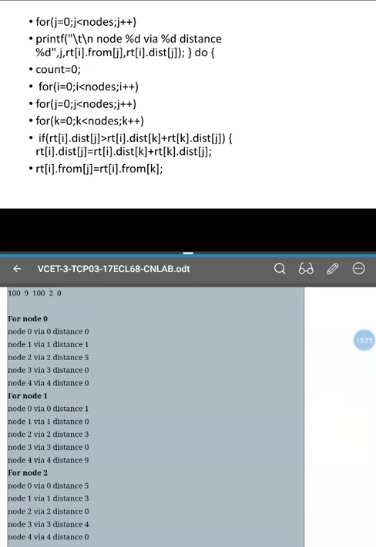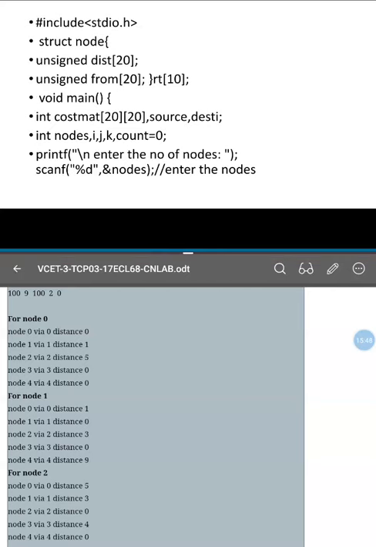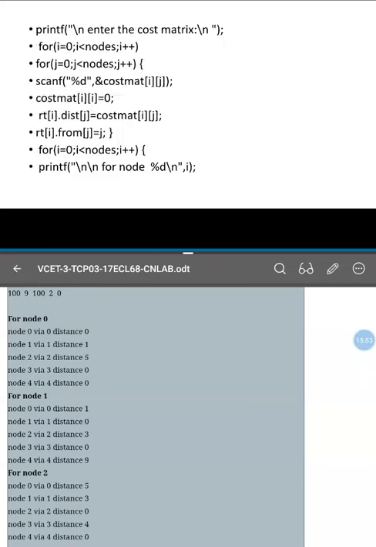Next, if it is not directly connected, then here it is entered as 0. Here you can see that it takes the cost matrix values for the distance of that particular node. In case we have entered it as 100, it takes it as 100.